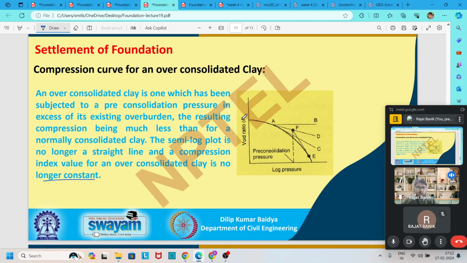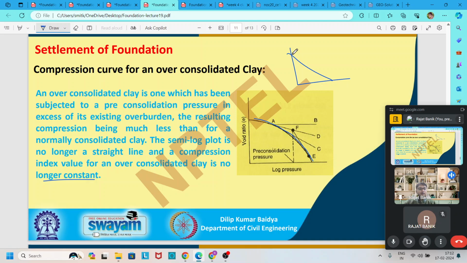That means the slope continuously changes.